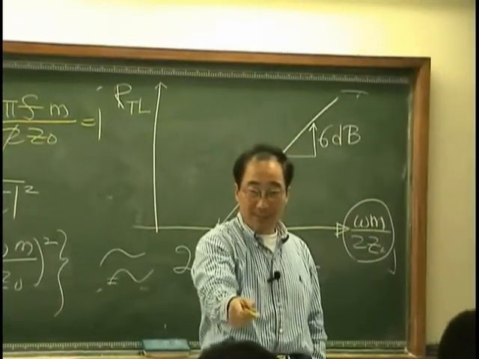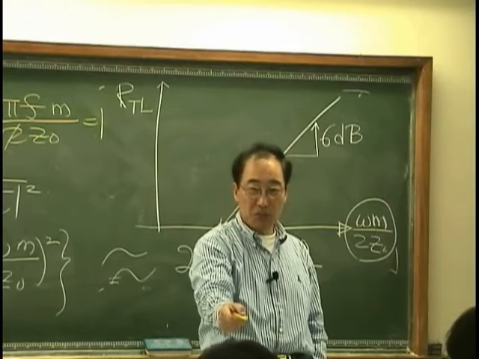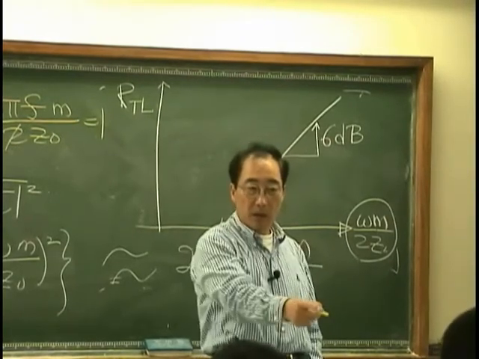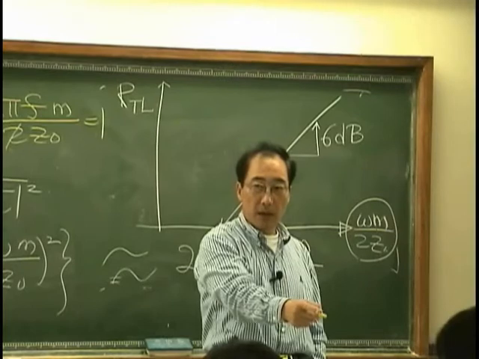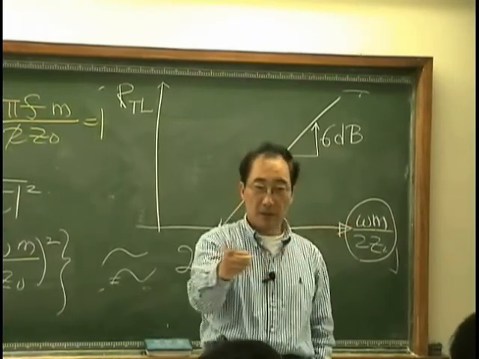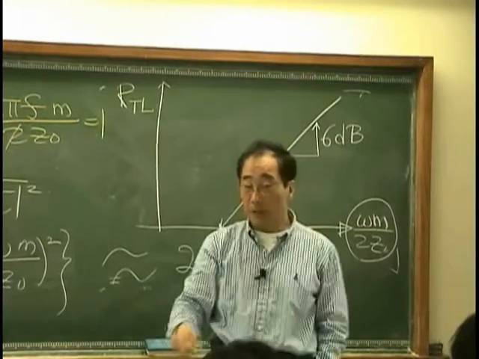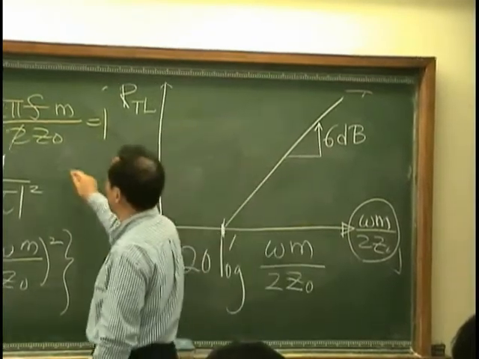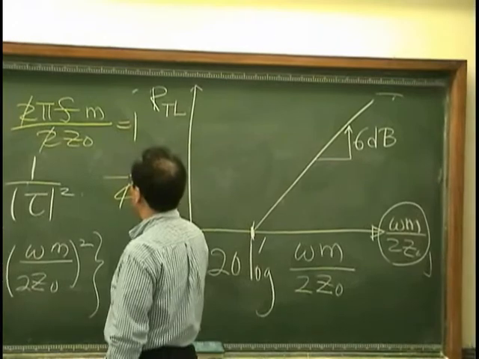And what is it? Characteristic impedance of air. Characteristic impedance. Anybody knows? 415. Okay, magic number. So that is 415.